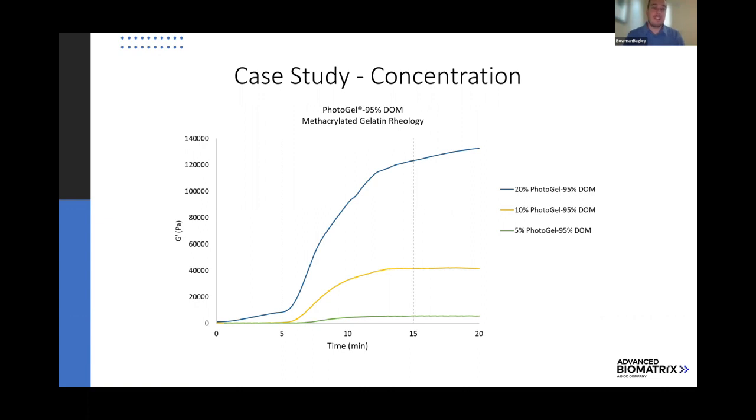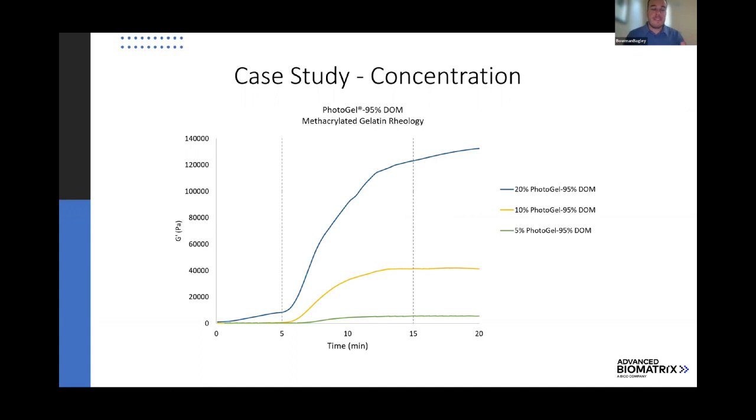All these different methodologies, as well as just user handling, temperature, humidity of your room, all these things play an effect. So I want you to focus on generally the values, but also the relative values between the different concentrations within this study, or these values compared to the next study I show. This particular test was performed at 25 Celsius.